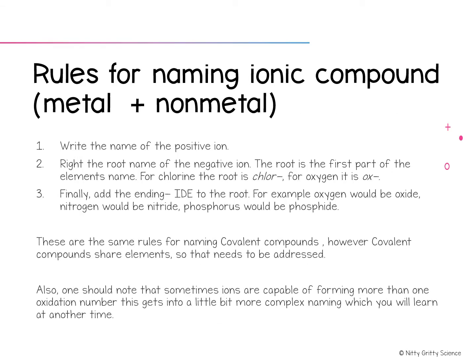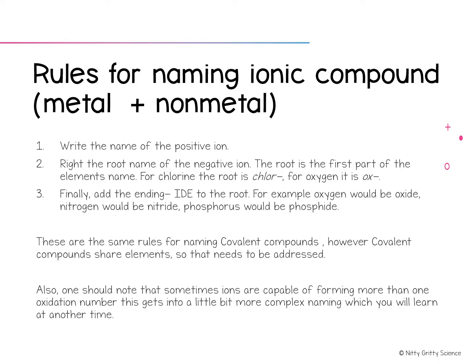Now, sometimes you're going to name the ionic compounds, and you can do that using these rules here. First, you're going to write the name of the positive ion, and then you're going to write the root name of the negative ion. The root is the first part of that element's name. So for example, for the element chlorine, the root is chlor, or for oxygen, the root is ox.